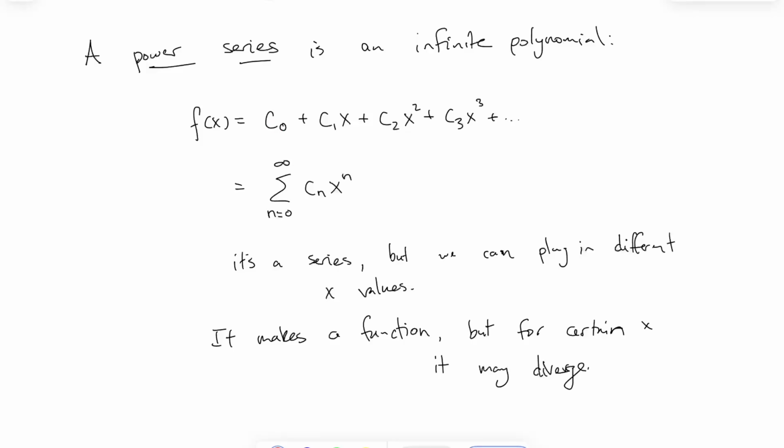If I plug in x equals 0, then all of these terms become zeros, and the whole answer is just c0. So every power series converges when x equals 0, but for other values of x, it's not clear if it's going to converge or not. It would depend on specifically what all these coefficients are, whether it's going to converge or not.